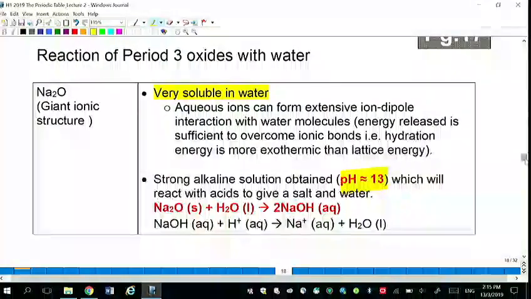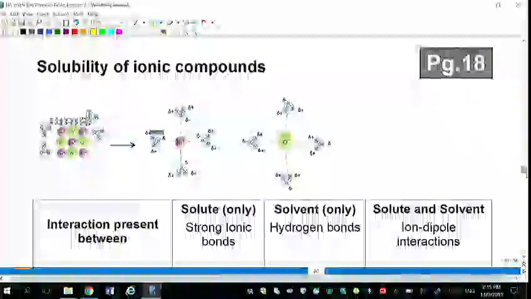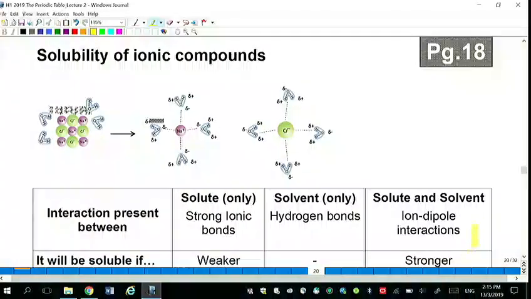Now, some of you may be confused about the solubility, so let's revisit the concept of solubility of ionic compounds again. Can you look at page 18? I'm going through this as a quick recap for all of you.